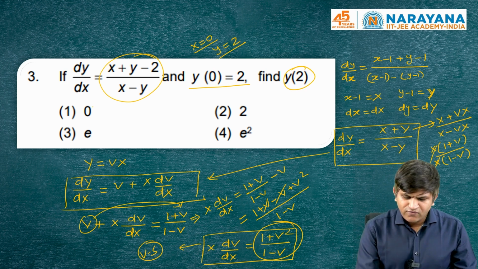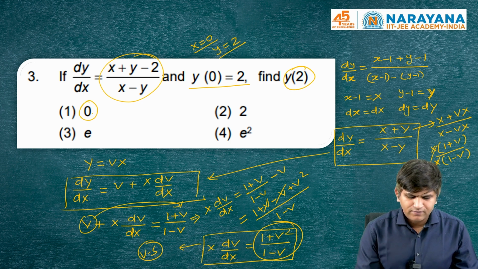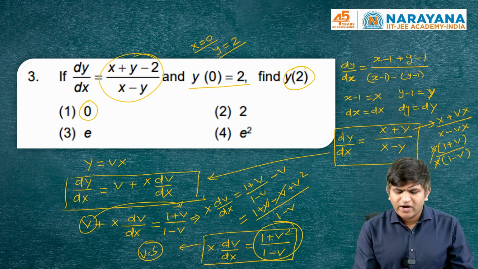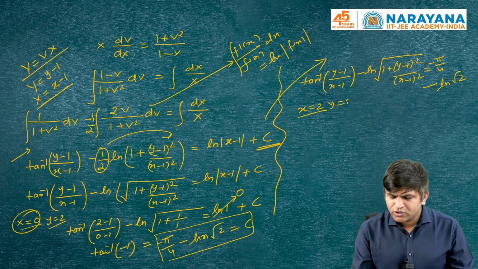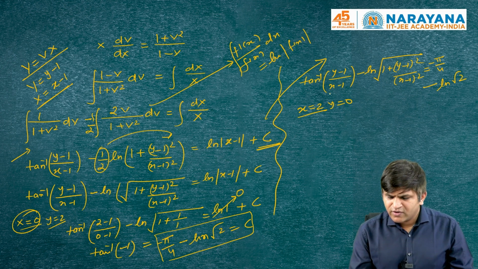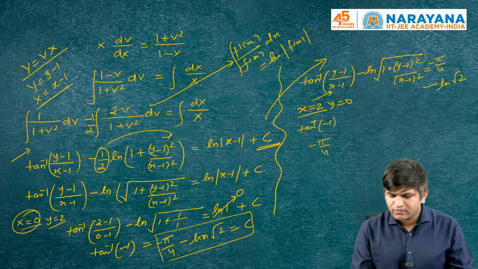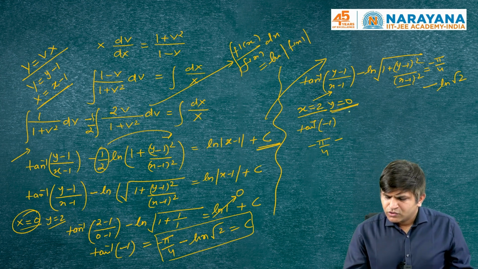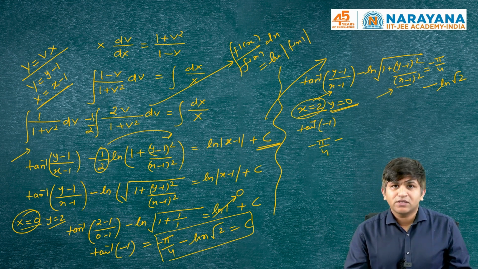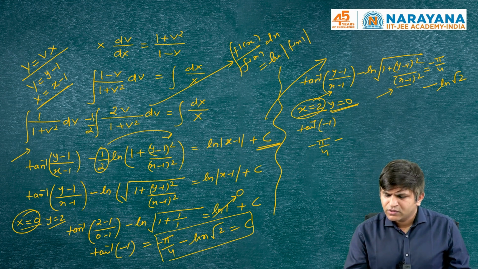Let's start with option 1. So if we are choosing, let's say, y at 2 value is 0. So if we are putting x is equal to 2, y value 0, from the options we are checking. This will be tan inverse of minus 1, that is minus pi by 4. And y value 0 and x value 2, so 2 minus 1 is 1, and y value is 0, so that is 1.